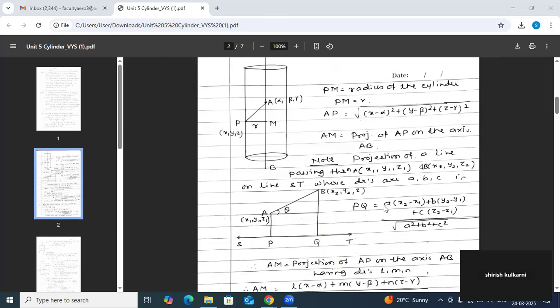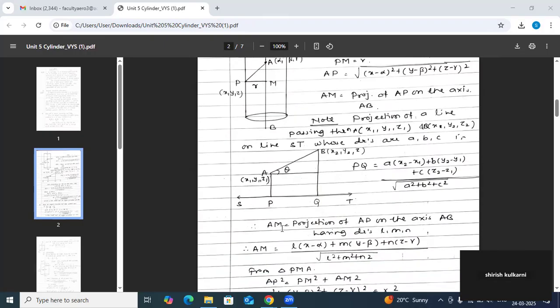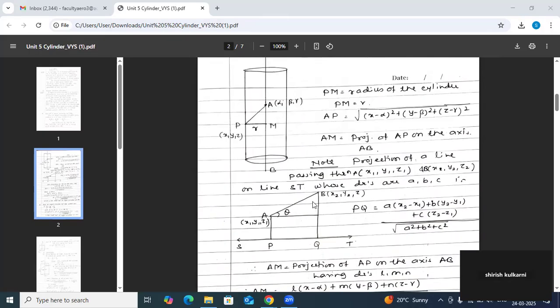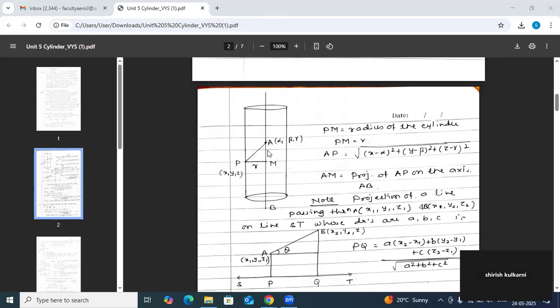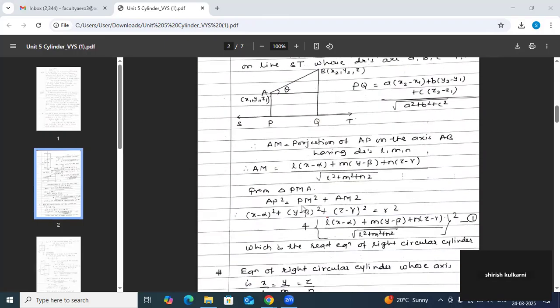Multiply the DRs: a into (x2 minus x1), b into (y2 minus y1), c into (z2 minus z1), upon the square root of a square plus b square plus c square. This is the formula for finding the projection. Clear? AM is a projection of AP on the axis. Clear? Then how to find it?